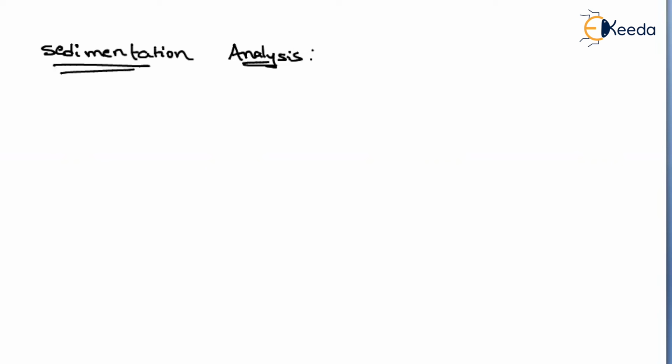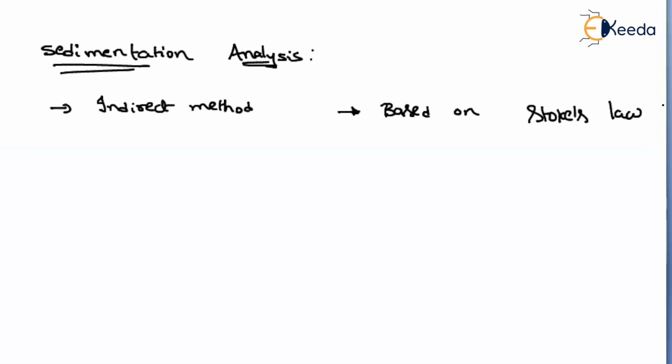Okay. So that's why this is nothing but an indirect method. In sieve analysis, we directly know the size of the particle, but here, depending upon the time taken to settle down, we are indirectly finding the size. That's why we say it is an indirect method. And this method is based on Stokes' law.